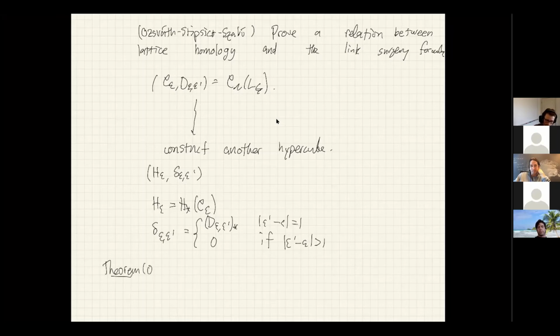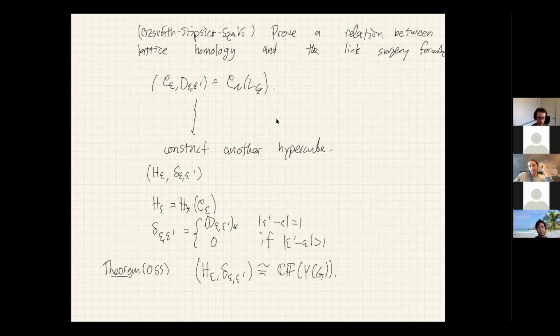And what they prove is that this hypercube is just equal to the lattice complex. So if you take the link surgery formula and take homology at each vertex and only remember the length 1 arrows of the cube, that is the lattice complex.